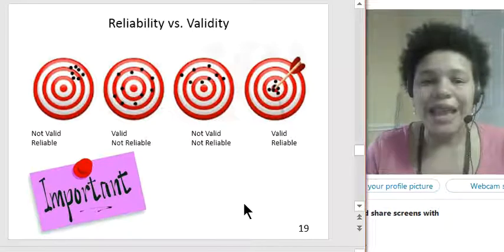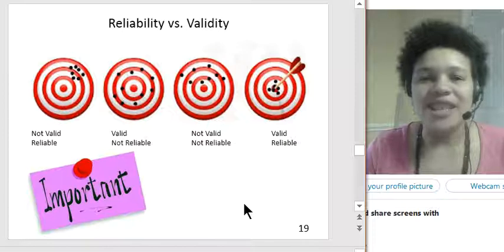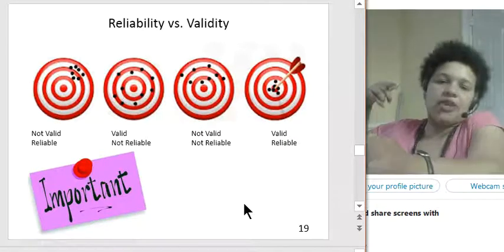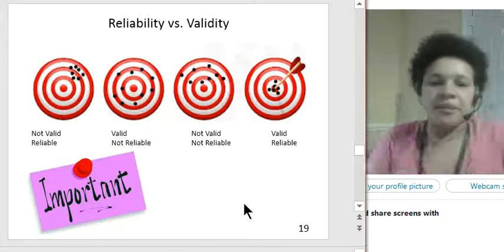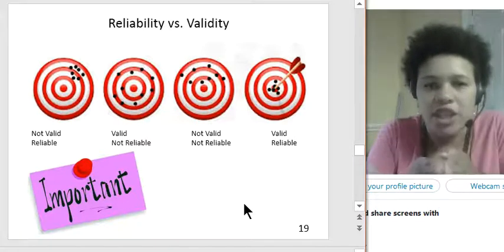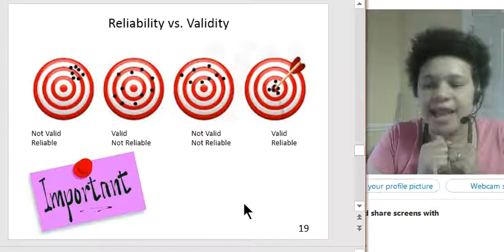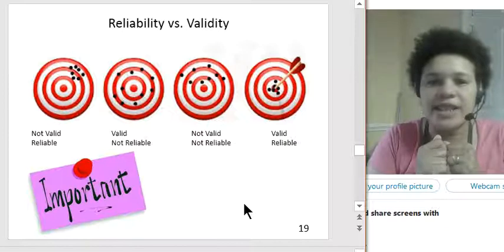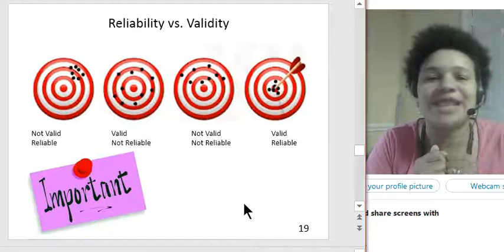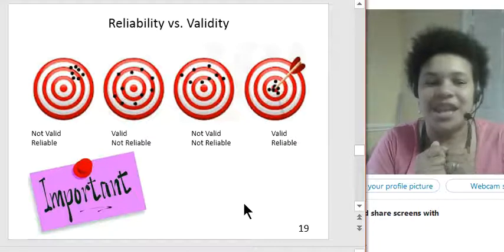So, reliability versus validity. One way to think about this is to think about someone shooting a bow and arrow. Okay? And you're aiming for a particular target. So let's say I have a test of happiness. I want to find out an individual's true happiness score on my happiness scale.